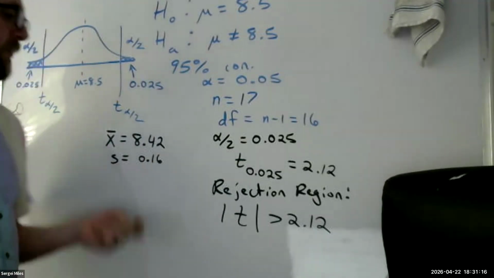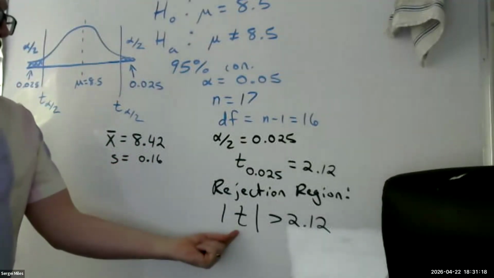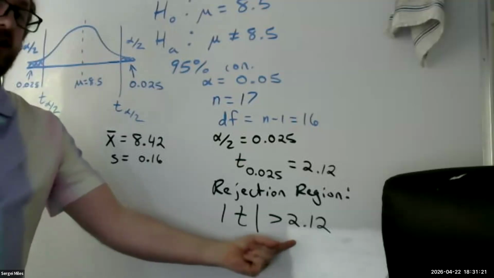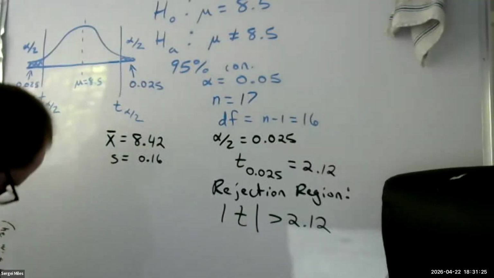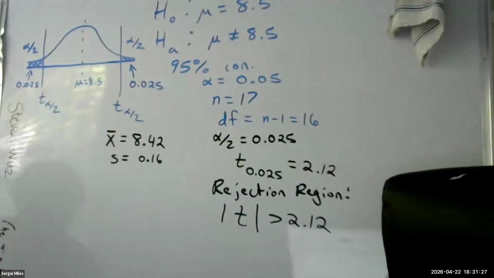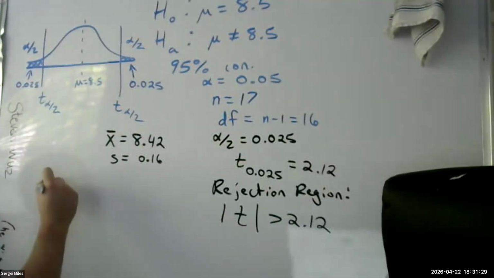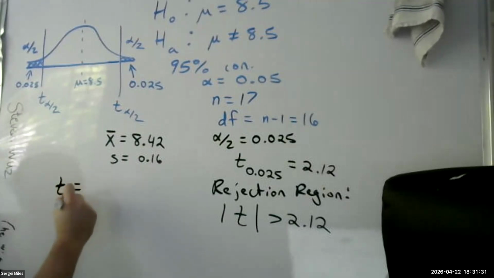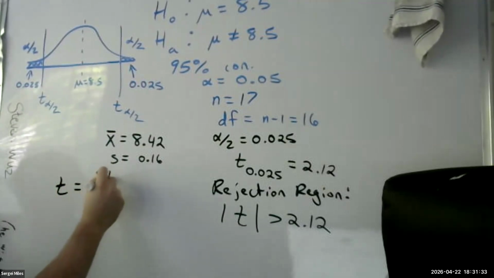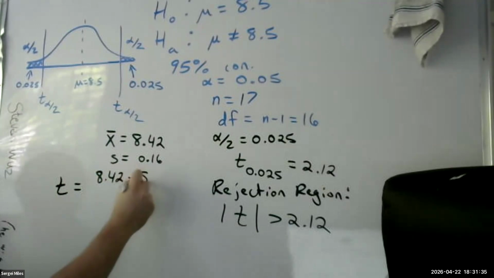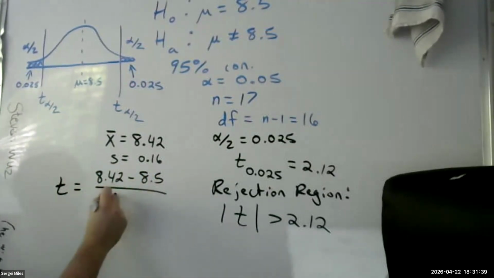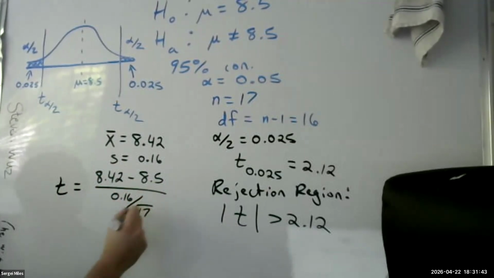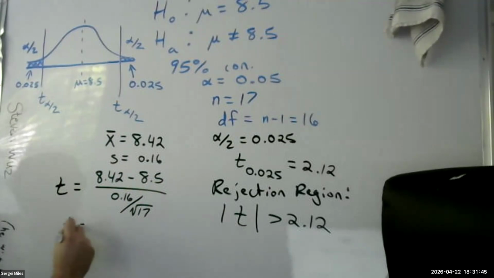How do we know if it is alarming? Well, we're just trying to check if this t-score is far enough away from the middle. All right, so we calculate t using the same formula as before. So t is equal to 8.42 minus 8.5 divided by our standard deviation divided by the square root of the sample size.